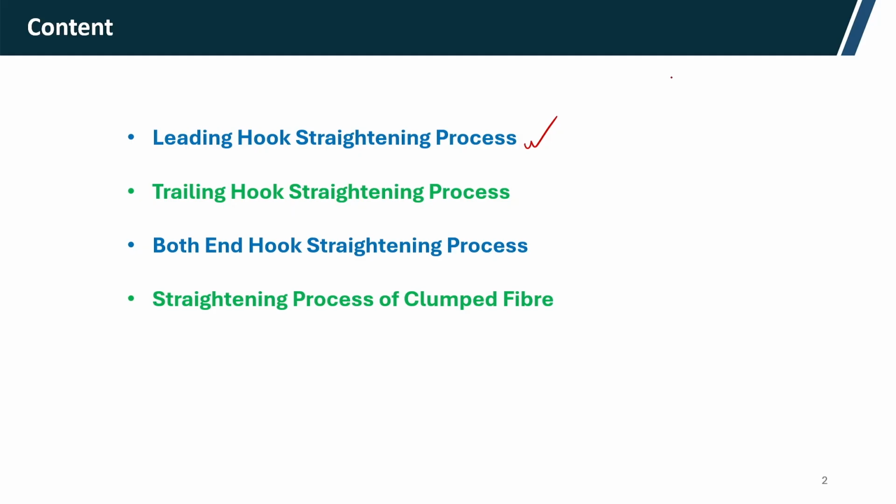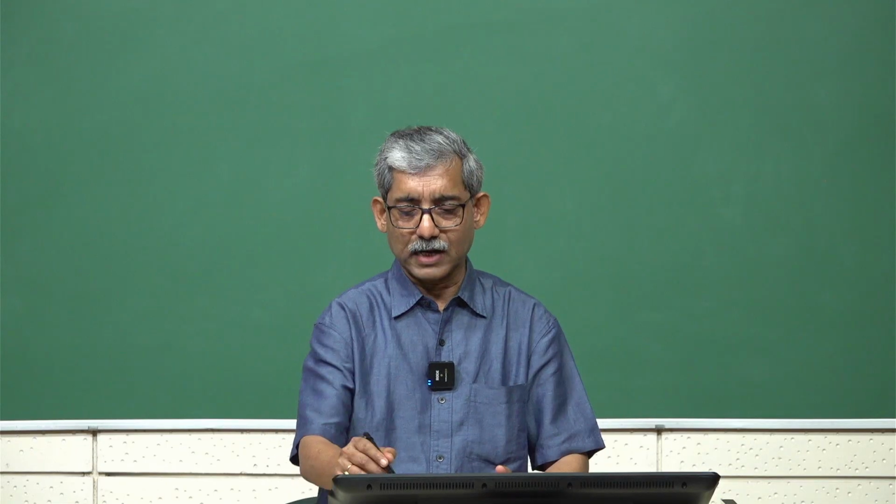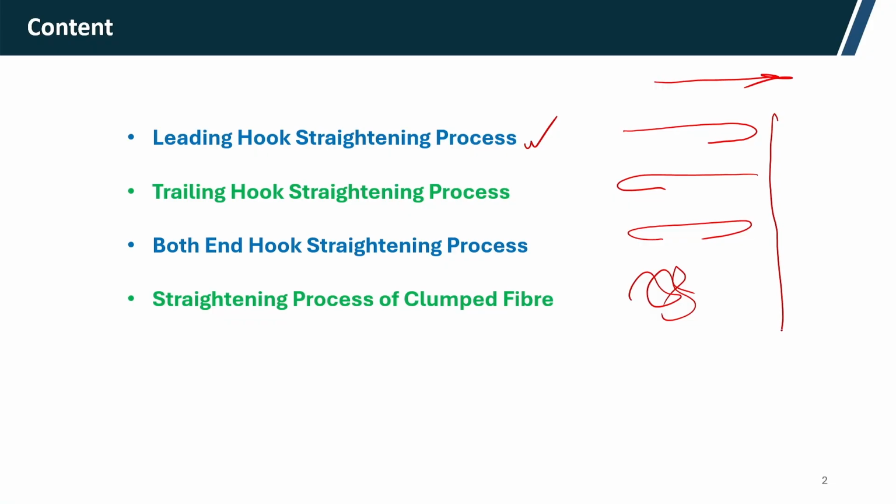So, if the motion is in this direction from left to right, this is called the leading hook, this is the trailing hook, and you may have both end hooks and clamped fibers. In this session we will discuss all 4 types of hooks or clamped fibers.